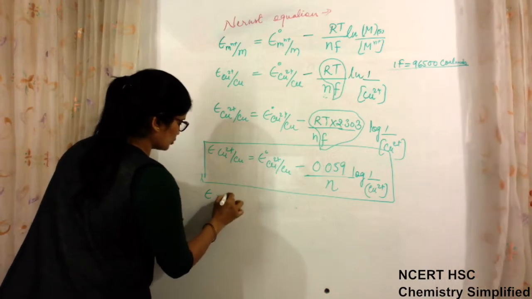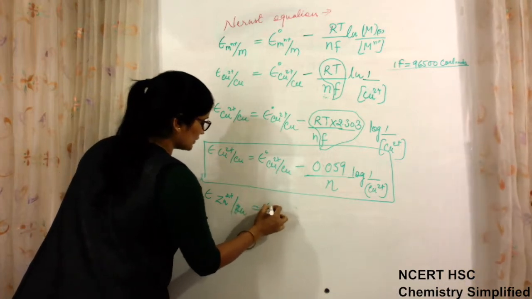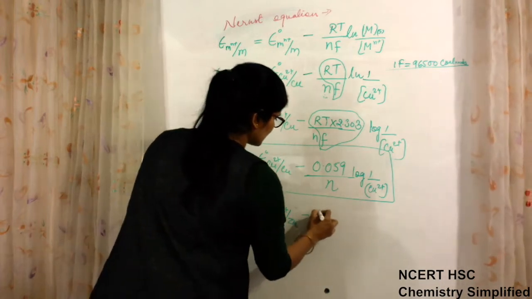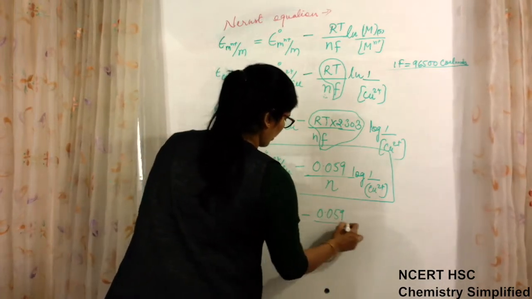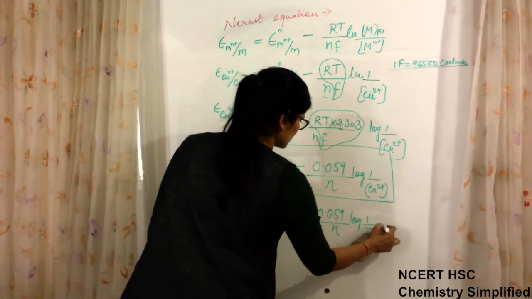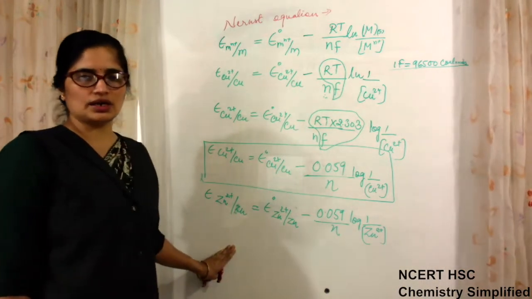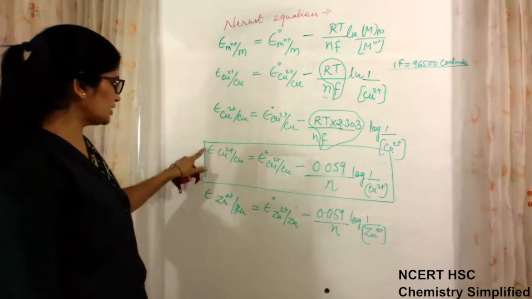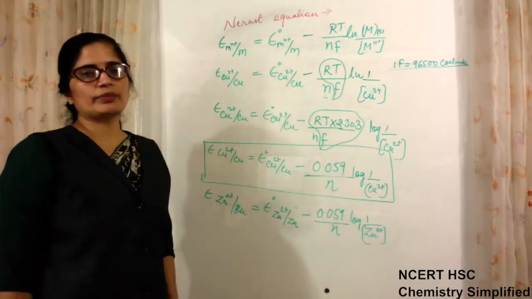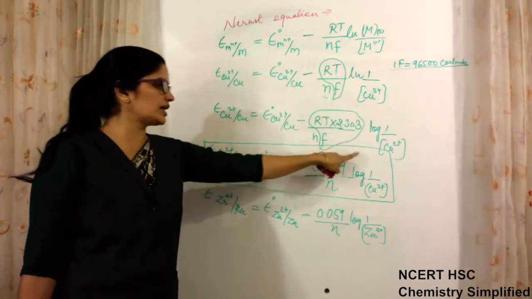E Zn2 positive/Zn is equal to E standard of Zn2 positive/Zn minus 0.059 upon n log of 1 upon Zn2 positive concentration. This is for the reduction half, this is for the oxidation half. Both are Nernst equations when the concentration of the solution is not 1 molar. At that time the electrode potential can be calculated with the help of the standard potential values and these values.